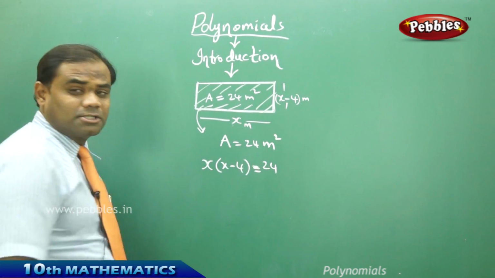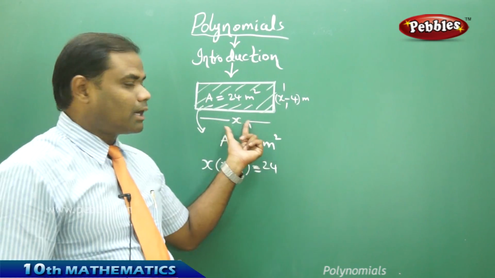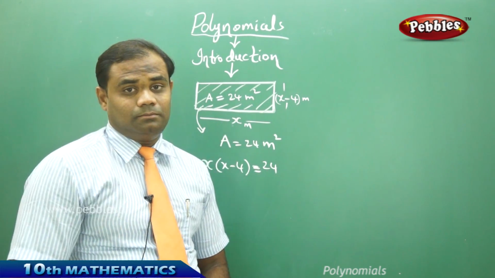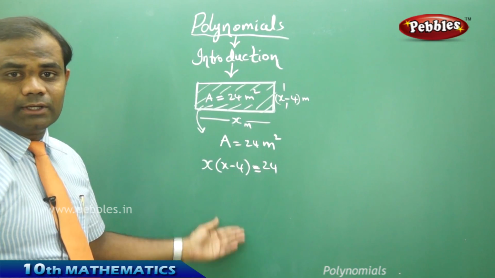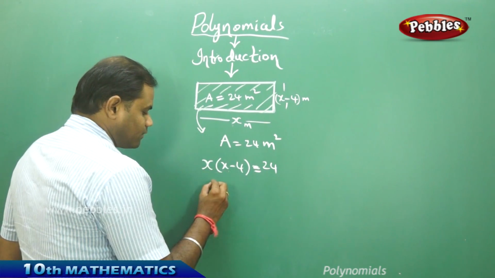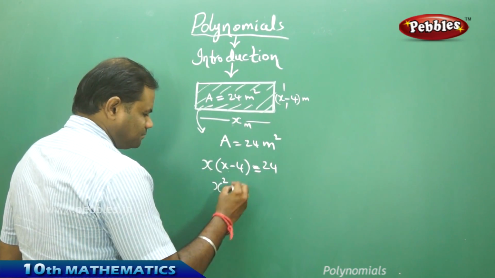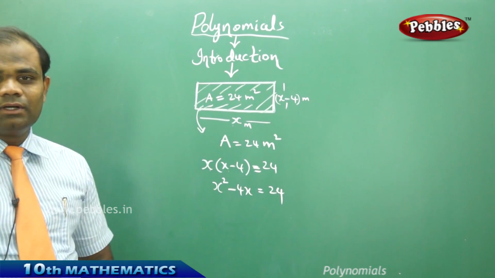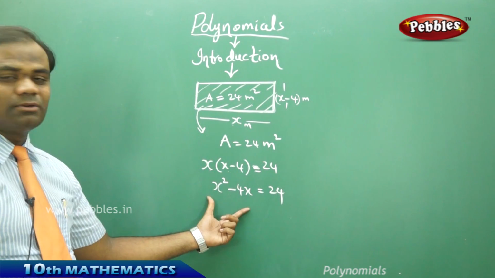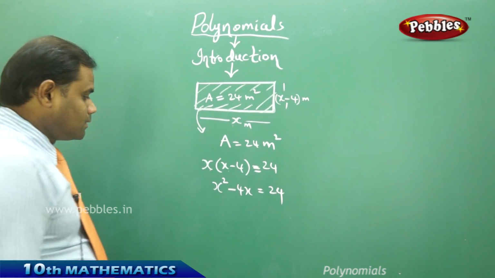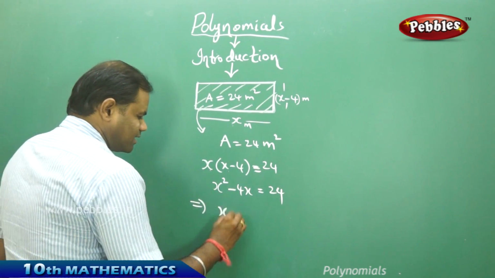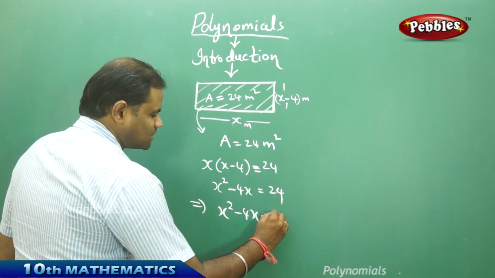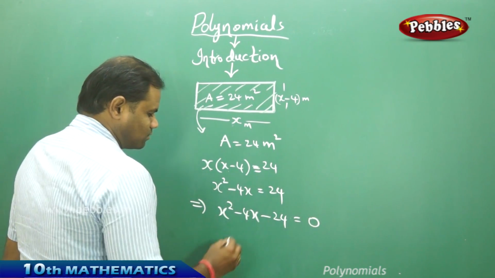When I simplify this further, x times x is x squared, minus 4x, equals 24. Therefore, I get x squared minus 4x minus 24 equal to 0.